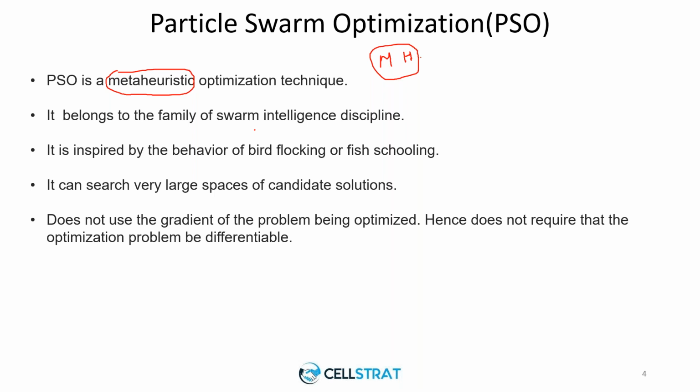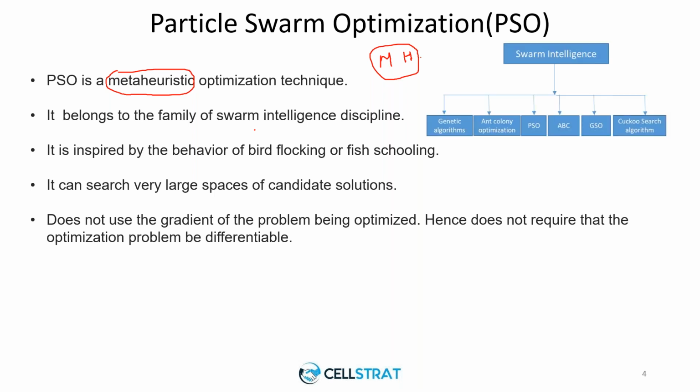Under swarm intelligence, you have a lot of optimization algorithms like the genetic algorithms, the ant colony optimization algorithm, the PSO itself, ABC, which refers to artificial bee colony, GSO, which refers to glowworm swarm optimization, and then the cuckoo search algorithm. Today we will be taking only the PSO, and we'll be discussing a lot about PSO.